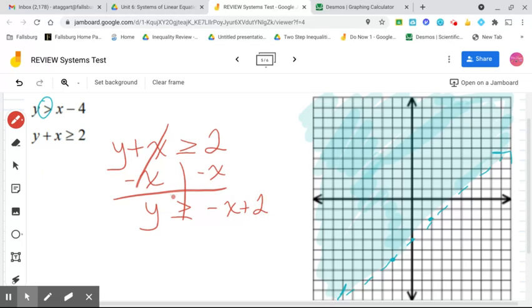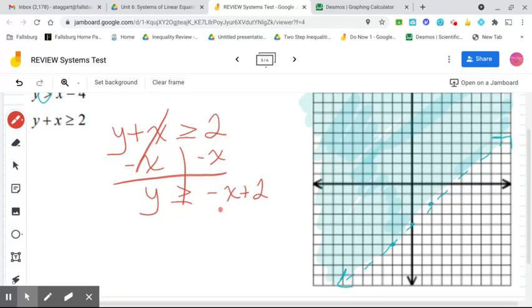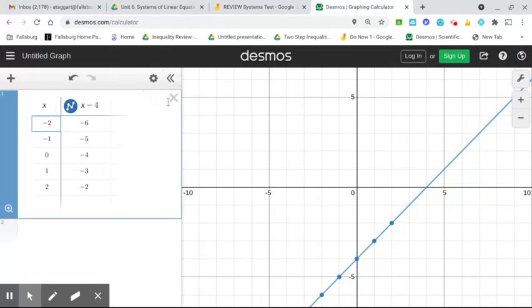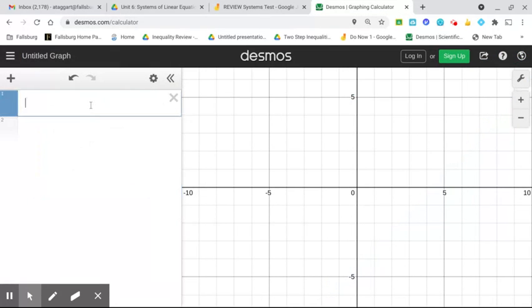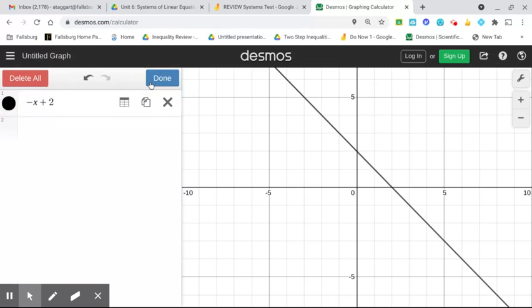Don't forget here, the inequality symbol will flip if you're solving for y. It will flip if you multiply or divide by a negative number. We didn't multiply or divide by a negative number, so therefore it stayed the same. So we want to graph negative x plus 2.